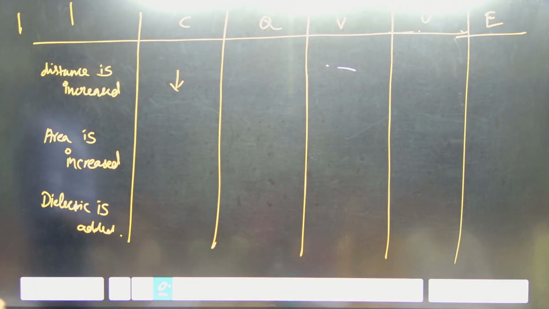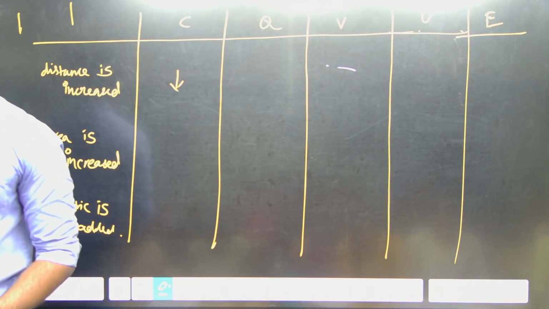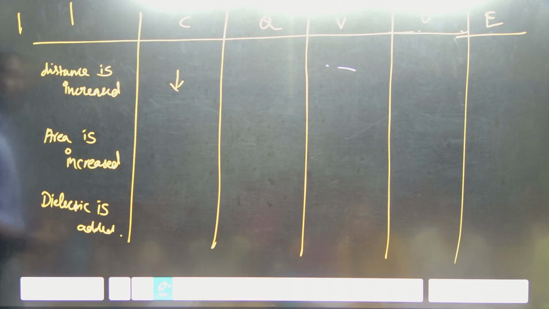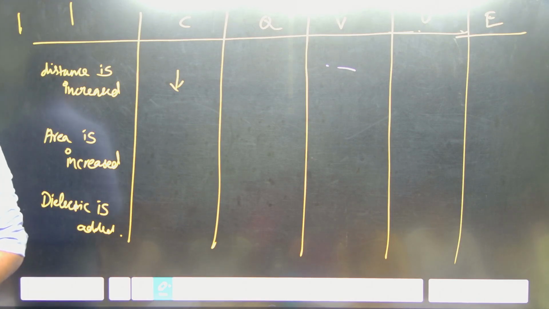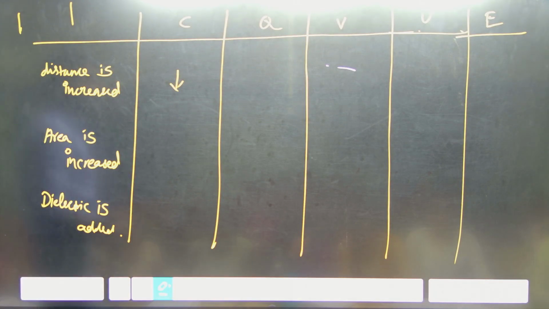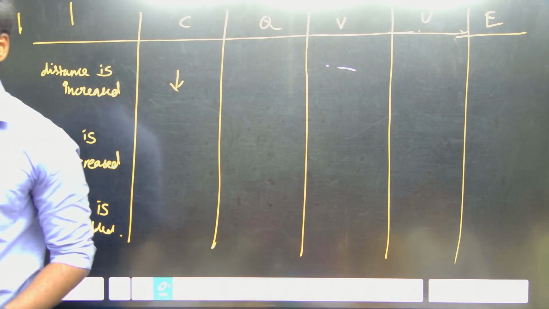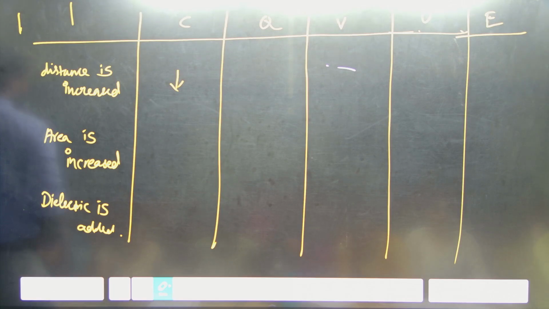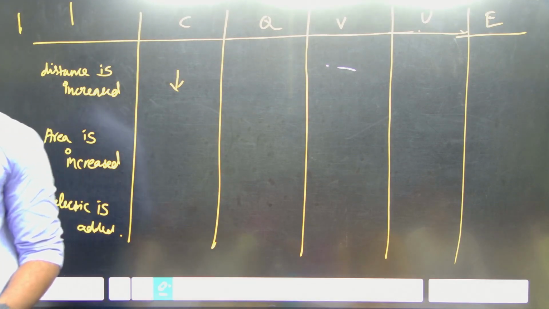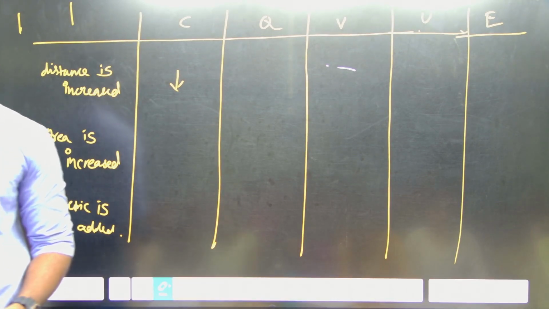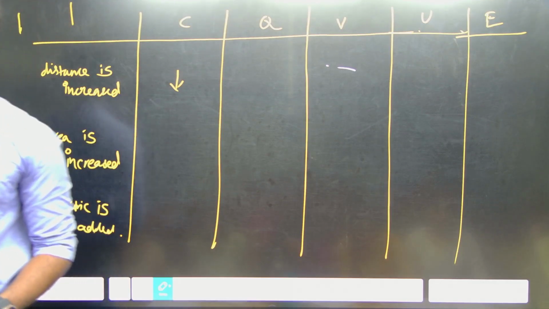If area is increased, capacitance will increase, Q also will increase, V will remain constant, U will increase and electric field remains constant.